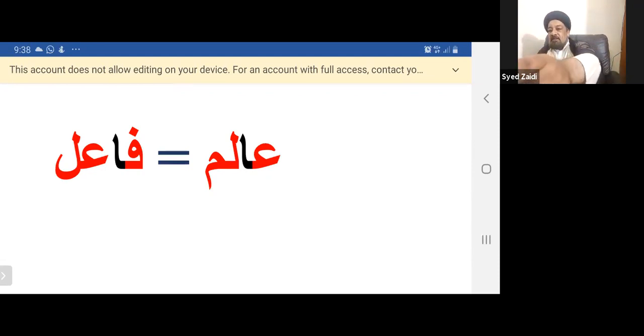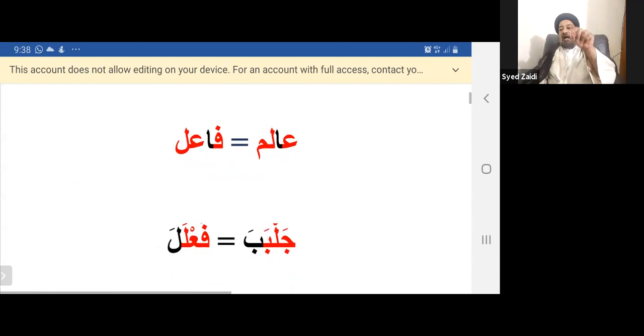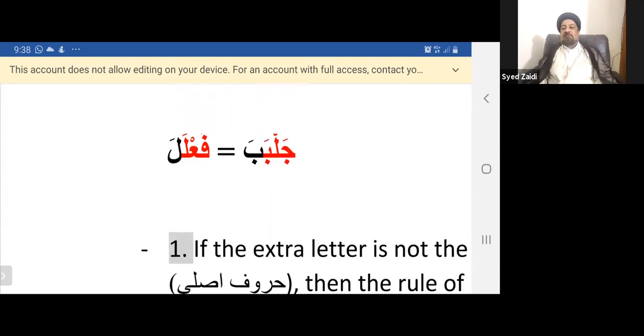Why? Because it is from harf zaid, right? But not from the root letters. It is added, but it is not from the root letters. In the second instance, you will find that the harf asli is repeated.